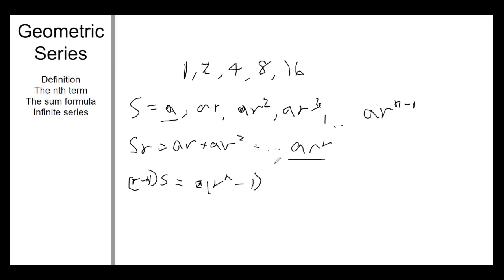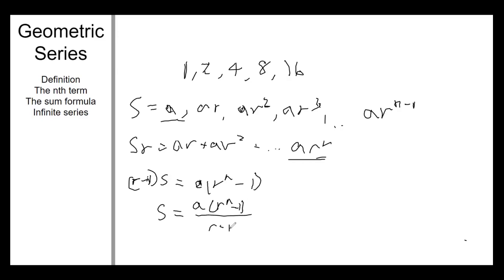Because R to the N is right here, and this is a 1 next to the A, those are the only terms left. Everything in the middle just cancels out. You can divide both sides and get S equals A times R to the N minus 1, over R minus 1.